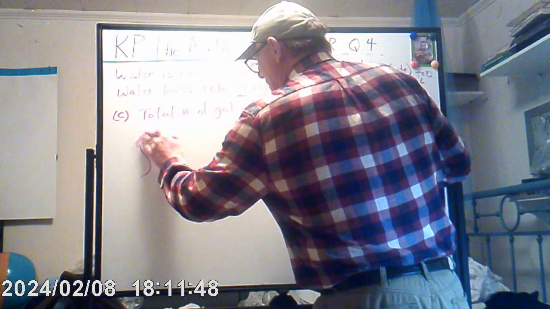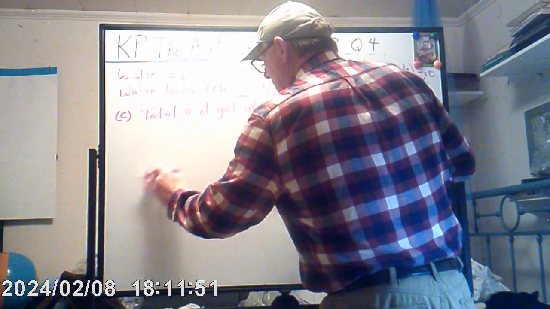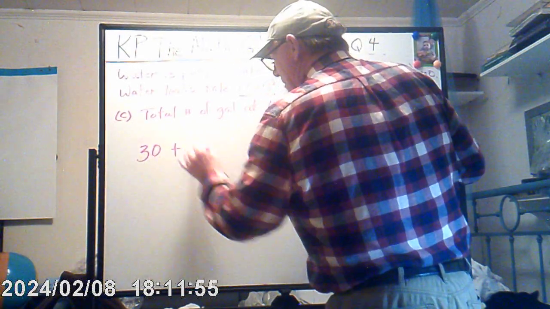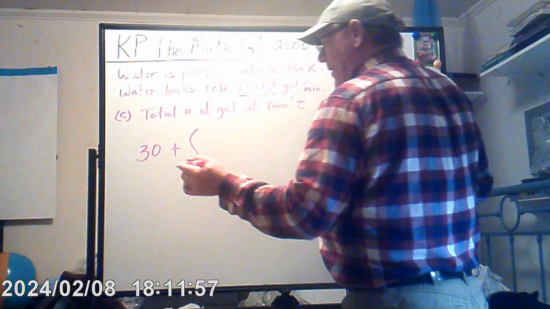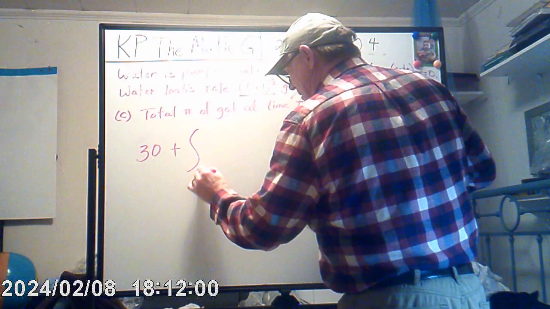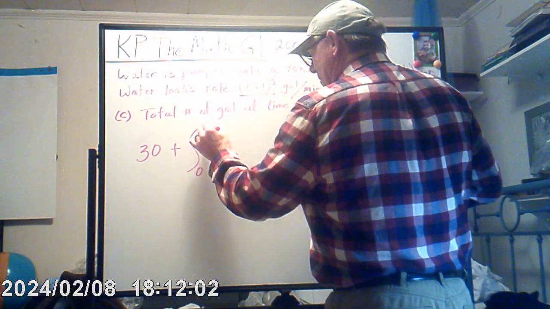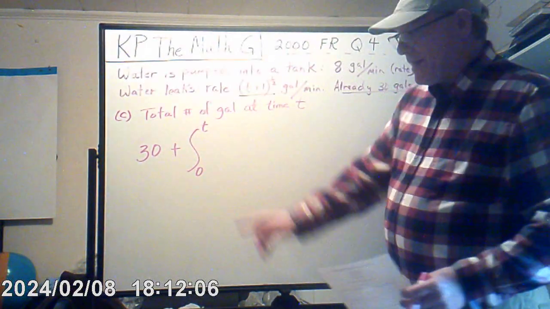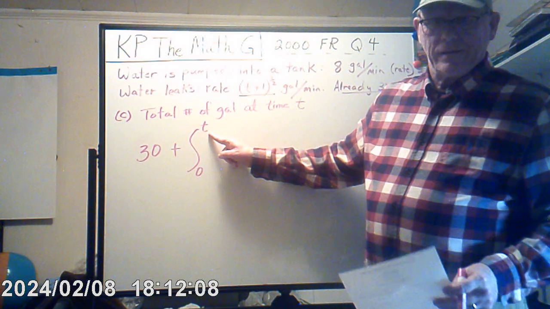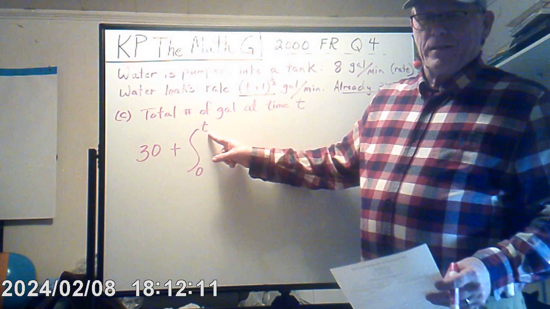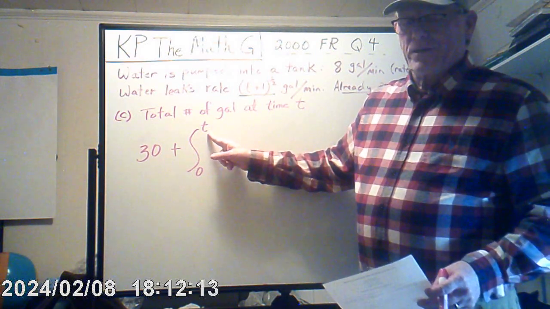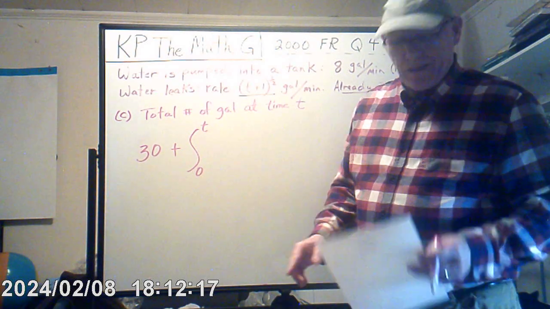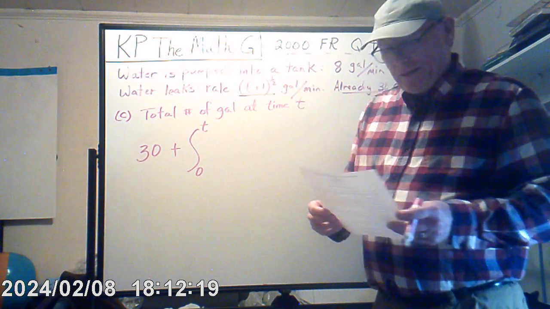We know that it's 30, right? And we know we've already found this, but any time t is going to be t. That is any time t. Not limited to just 3 minutes or 5 or however many minutes. It's not that, okay?